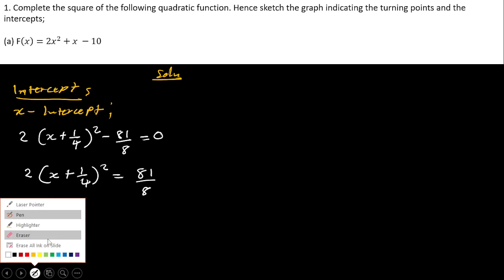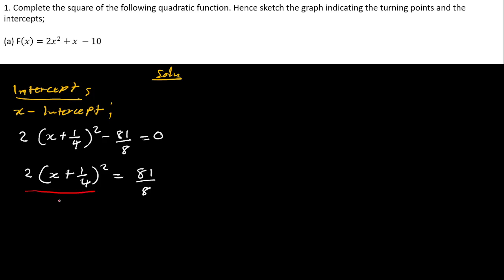So the next expression will be x plus 1 over 4, squared, is equal to 81 over 8 times 1 over 2.